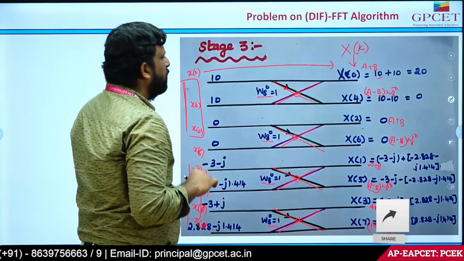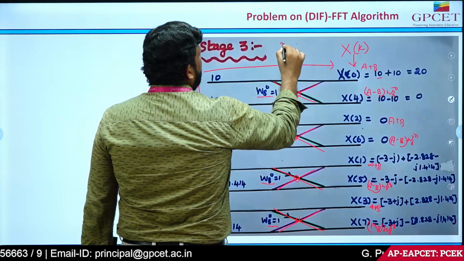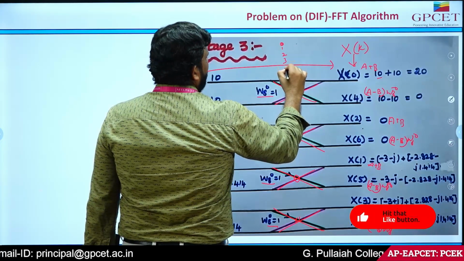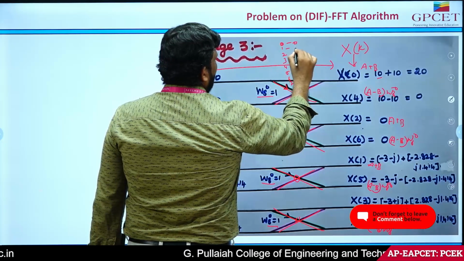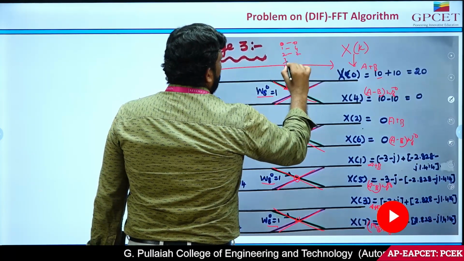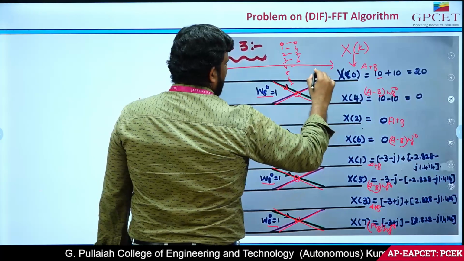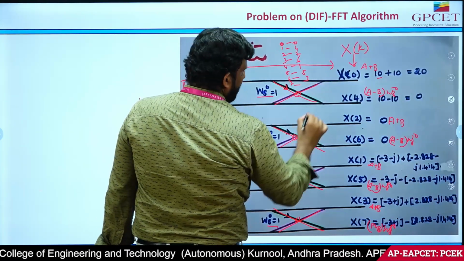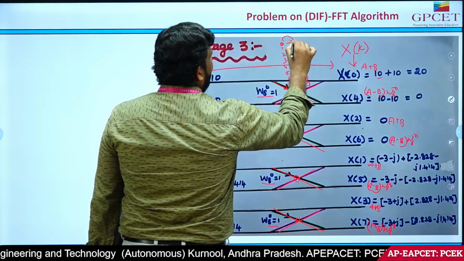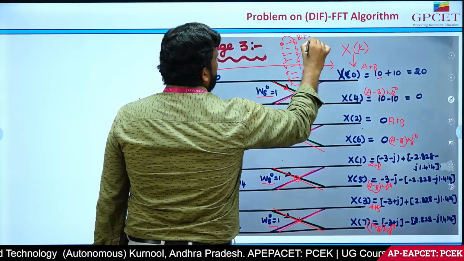In the previous lecture I told you, X of 0, 1, 2, 3, 4, 5, 6, 7 will be 0, 4, 2, 6, 1, 5, 3 and finally 7. Bit reversal, I told you it is a bit reversal process.